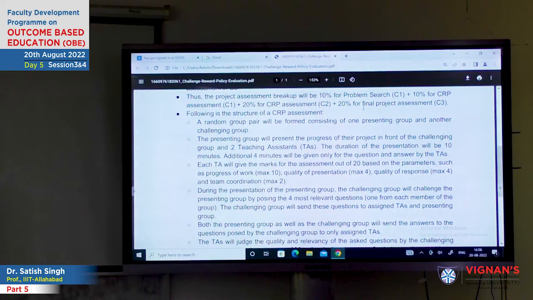So they have to listen and understand the problems of others as well, what they are doing and how they are presenting. It is an attempt so that they learn as much as possible, not only constrained to their own problem, but knowing about the problems of others as well.